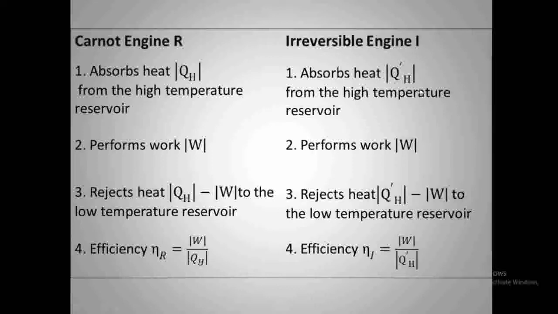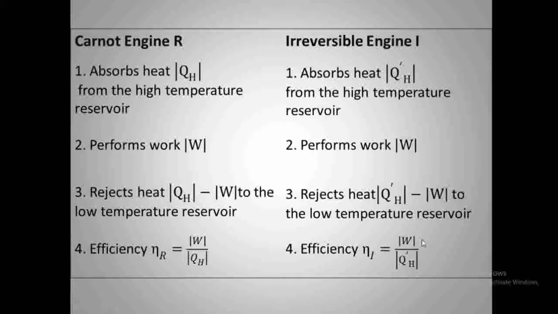Here the irreversible engine extracted Q dash H quantity of heat from the high temperature reservoir, so it rejects Q dash H minus W to the low temperature reservoir. The remaining quantity of heat will be transferred to the low temperature reservoir in both cases. So the efficiency of the Carnot engine, eta R, is equal to work output by heat input, that is W by QH.